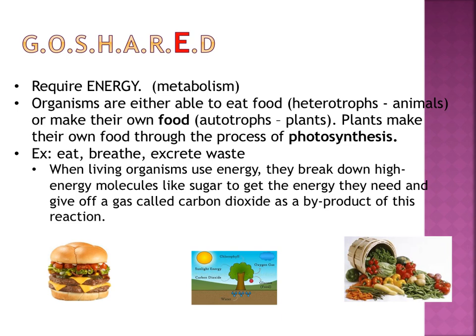Plants make their own food through the process of photosynthesis, which we'll talk about later on in the school year. Requiring energy, we're talking about eating, breathing, excreting the waste. That all happens through metabolism. So when living things use energy, they break down high energy molecules like sugar to get the energy they need, and as a result, they give off waste, which is carbon dioxide, as a byproduct.